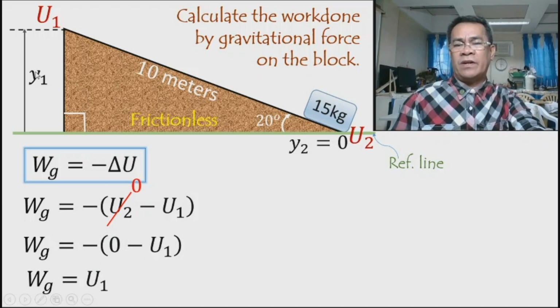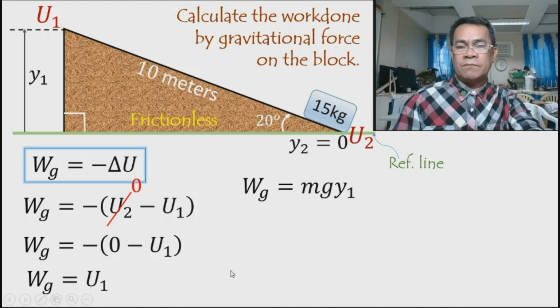Therefore, if you ask how much is the work done by gravity if you release freely from the upper going to the lower level, it is the same as the energy at the top, because there is no energy at the bottom. So calculating the energy above is our work done by gravity at the same time.